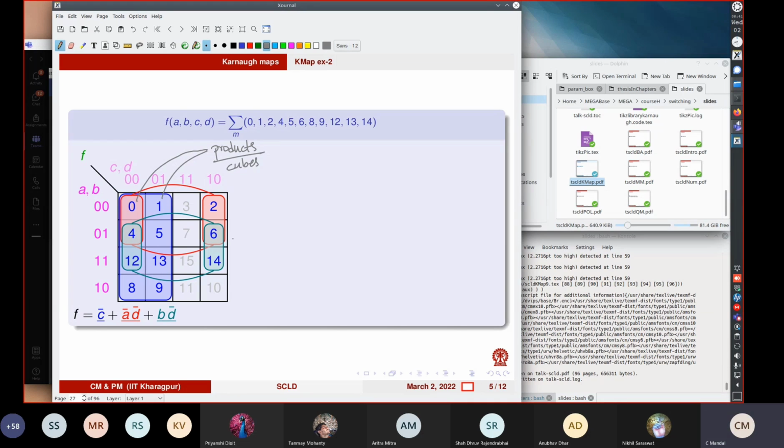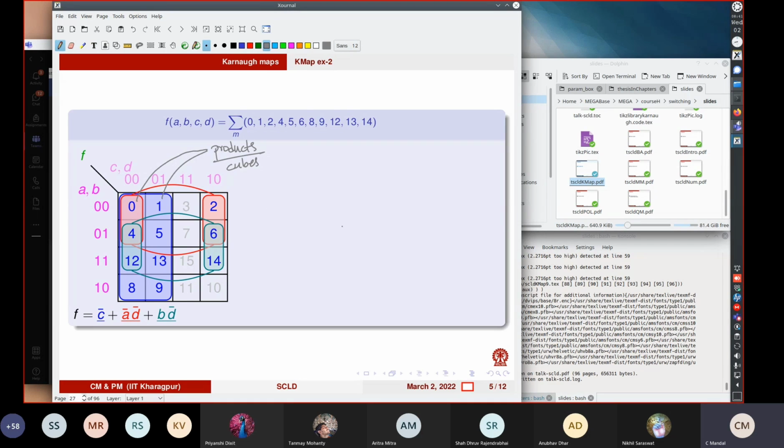You can think of those as hypercubes. So what you see is that bigger the cube, smaller the product. Okay. So C1 is the biggest cube here.